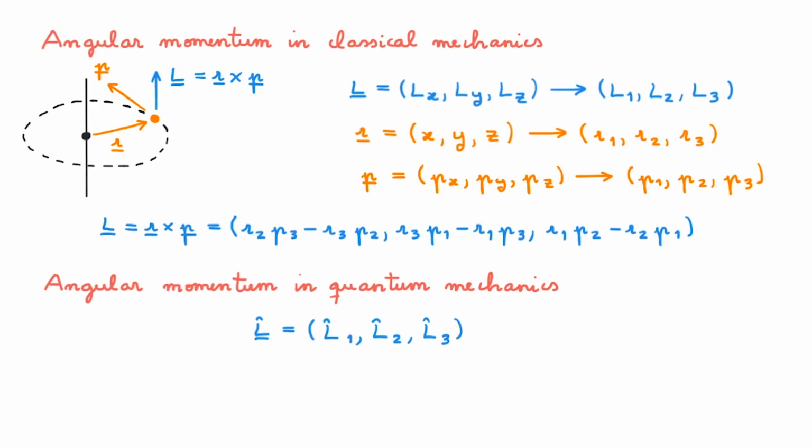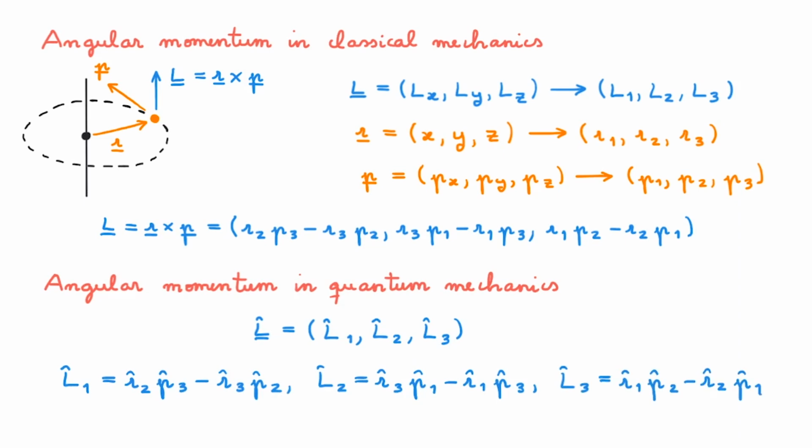This means that we can write L1 as equal to R2P3 minus R3P2, and similarly for L2 and for L3. And we don't have to worry about the order of the terms, because all the products that appear mix position and momentum coordinates along different axes, so they all commute.